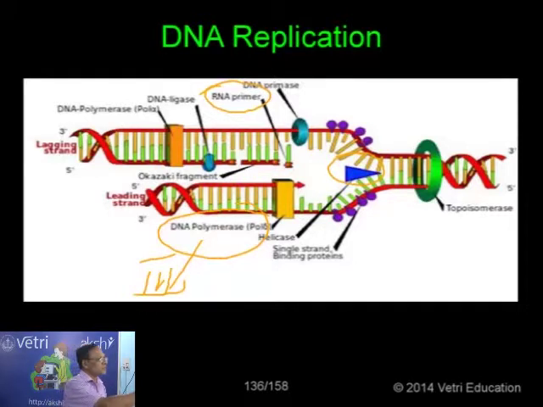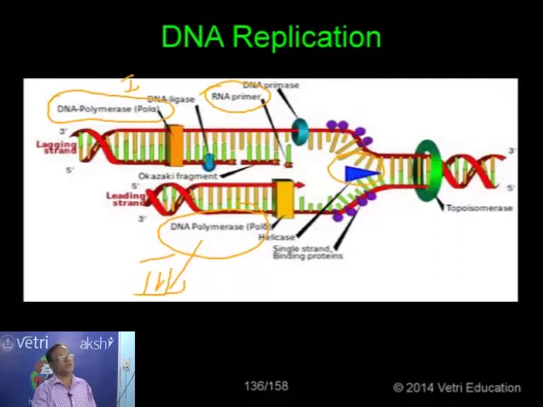Whereas the discontinuous synthesis of DNA occurs on the other strand with the help of the enzyme DNA polymerase alpha, also called DNA polymerase 1. So, continuous synthesis of DNA takes place with DNA polymerase 3, also called delta polymerase, whereas the discontinuous synthesis of DNA occurs on the other strand with DNA polymerase 1, also called alpha polymerase.